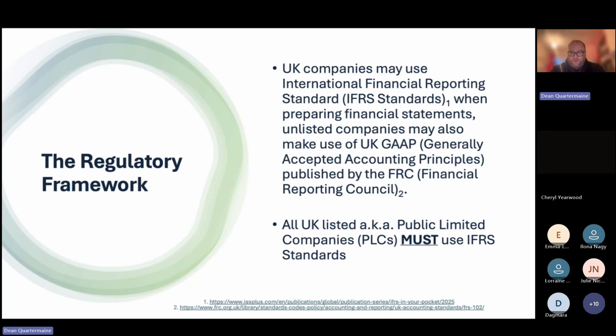The first one here is IAS Plus. They have a publication called IFRS in Your Pocket. I wouldn't necessarily say it's an in-your-pocket thing because it's 600 odd pages in length, so I'm not sure you're going to put it in your pocket.